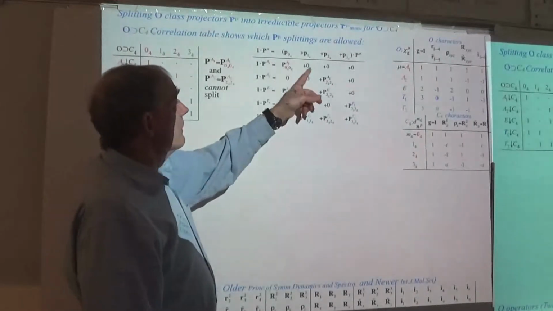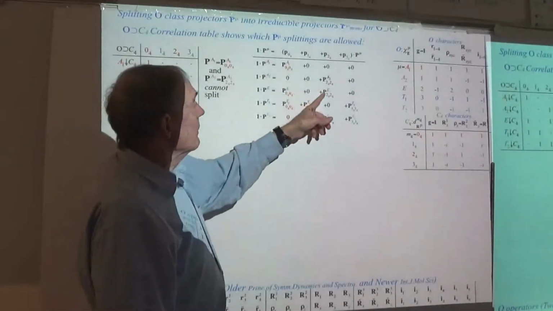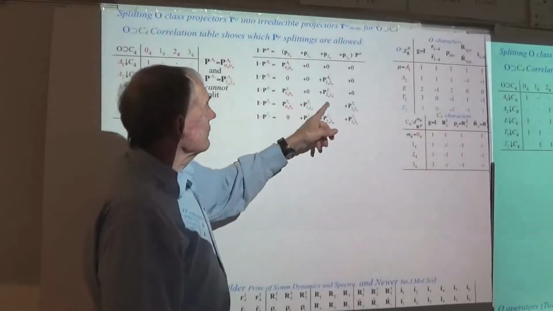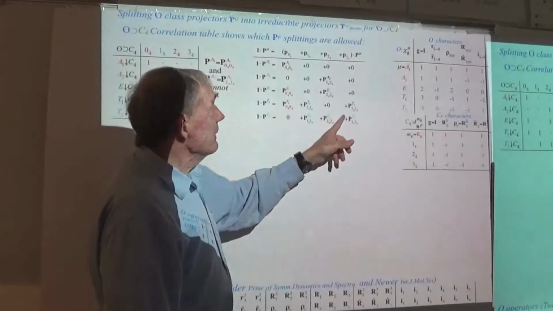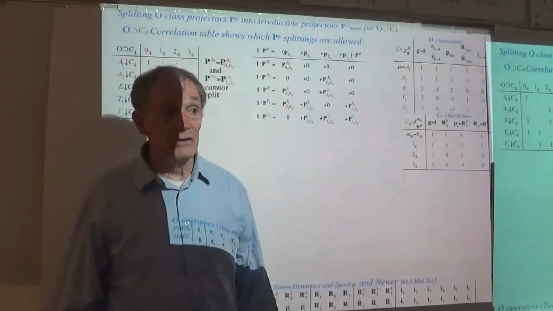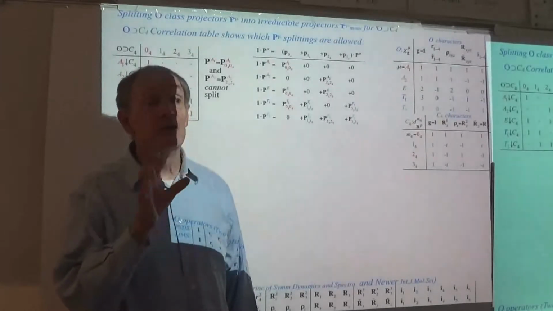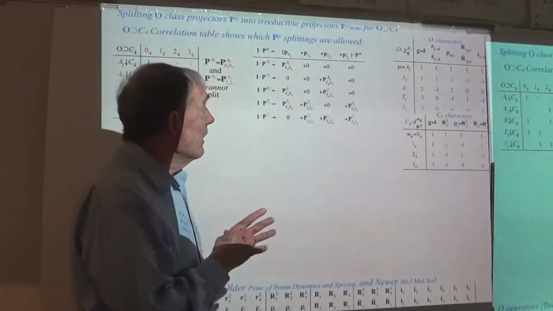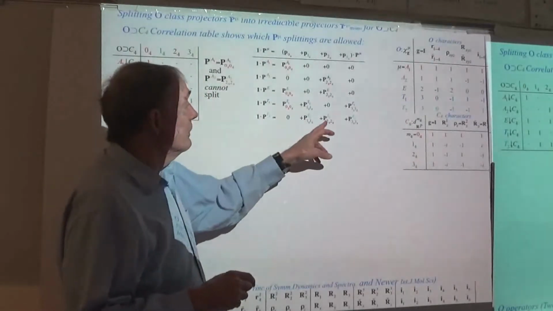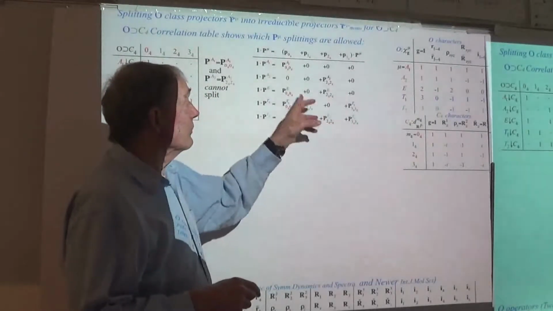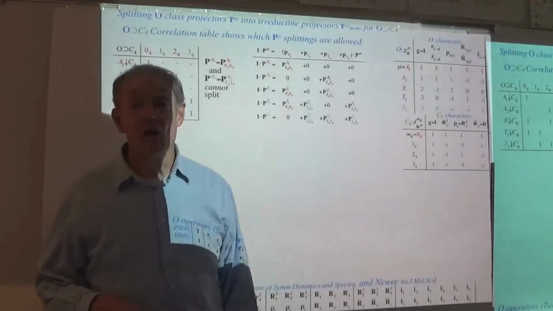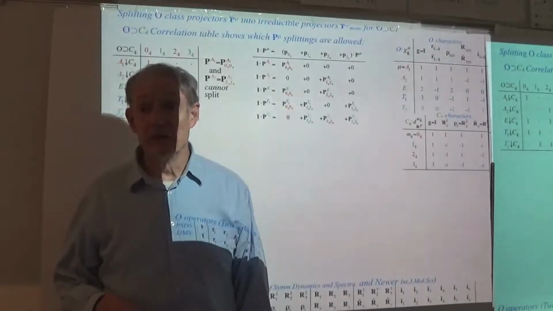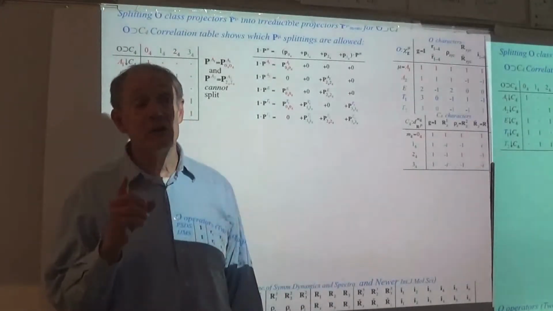There is 1, 2, 3, 4, 5, 6, 7, 8, 9, 10 of these things. Okay? So that is the rank. And each of these projection operators commute with all of the others, but not with all of the elements in the group.